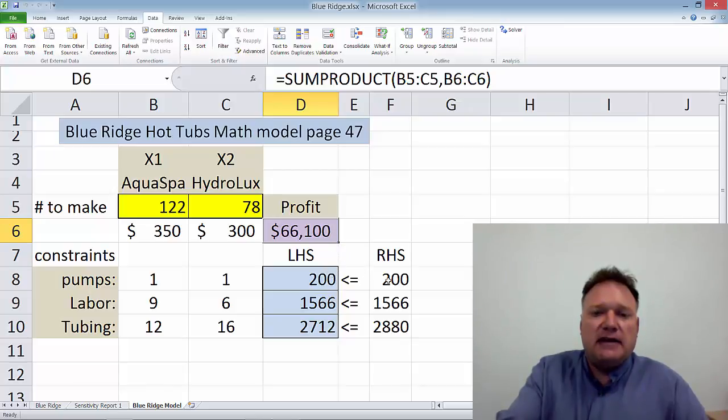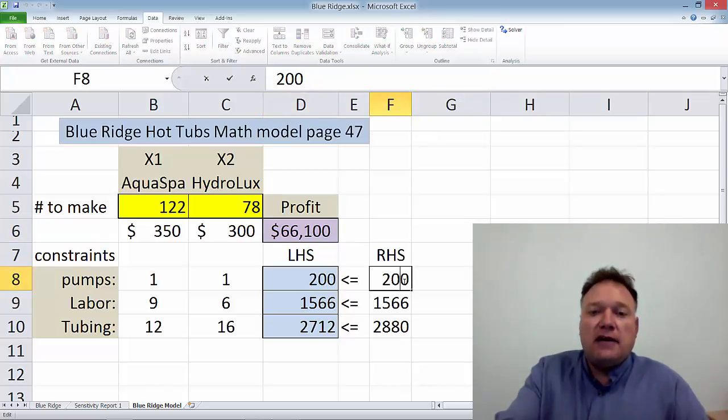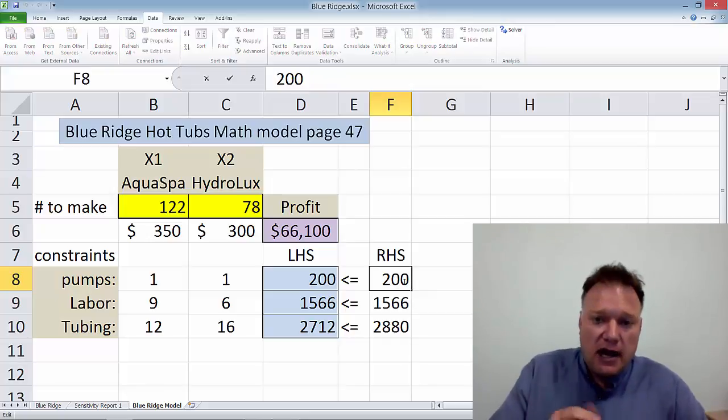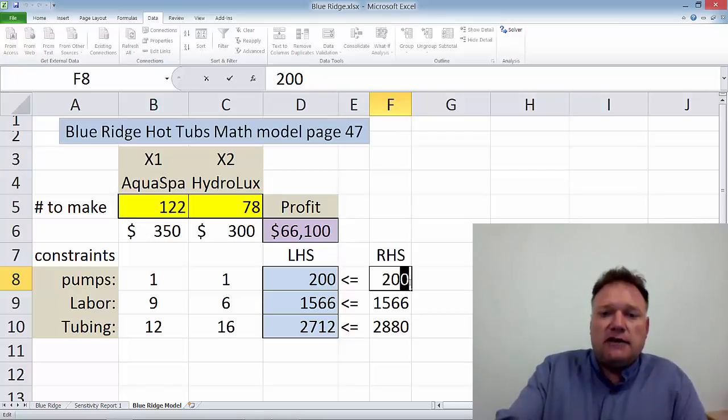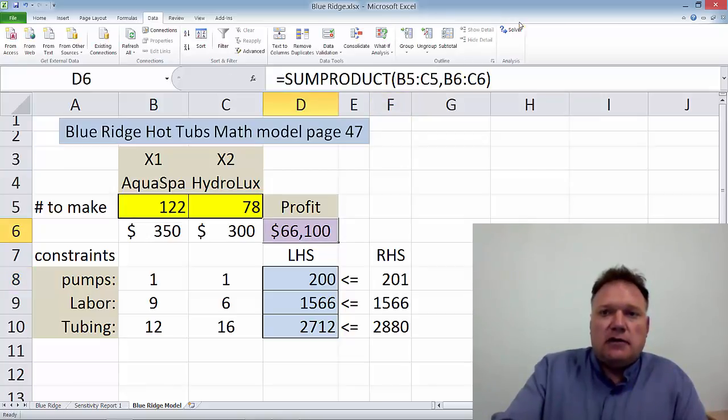So I'm expecting that if I change the right-hand side to 201, I get one additional pump. So I need to stay equal to or below 201. I'm expecting the profit to increase from 66,100 to 66,300. So let's change this to 1. Let's run it.